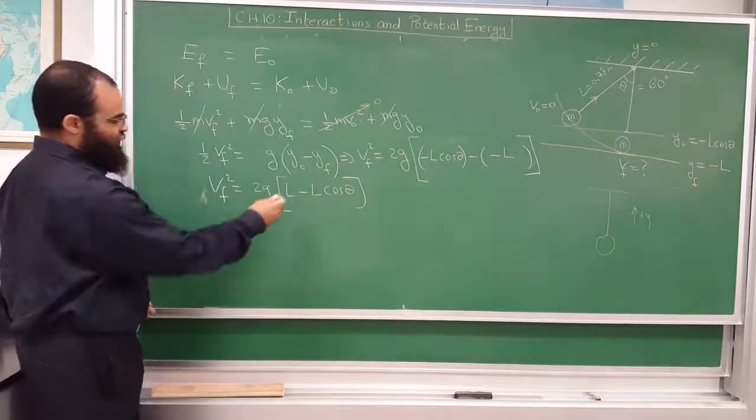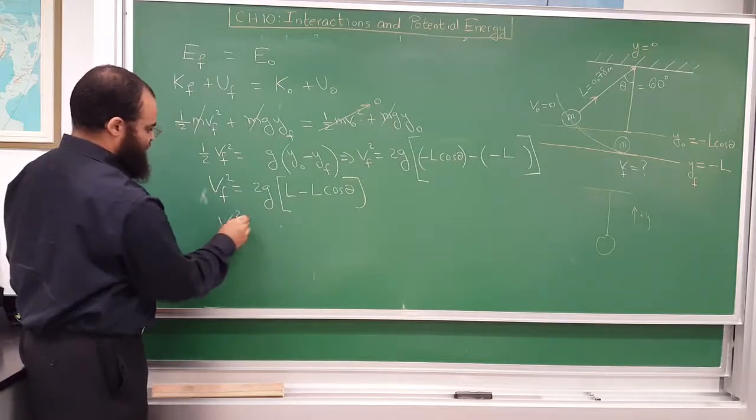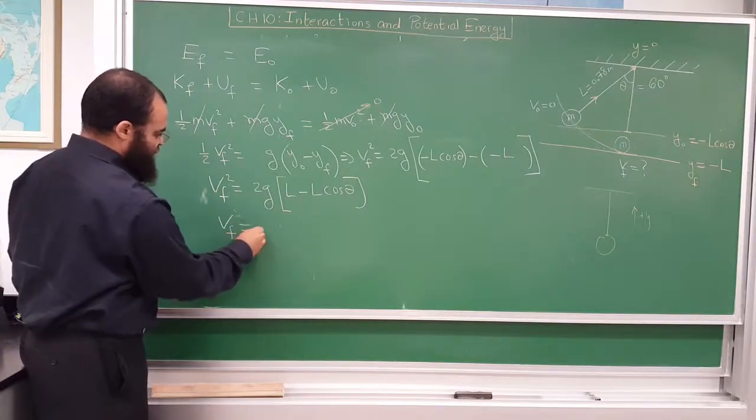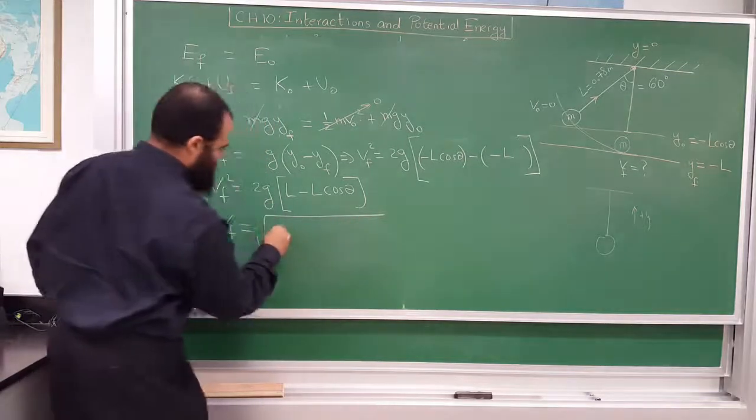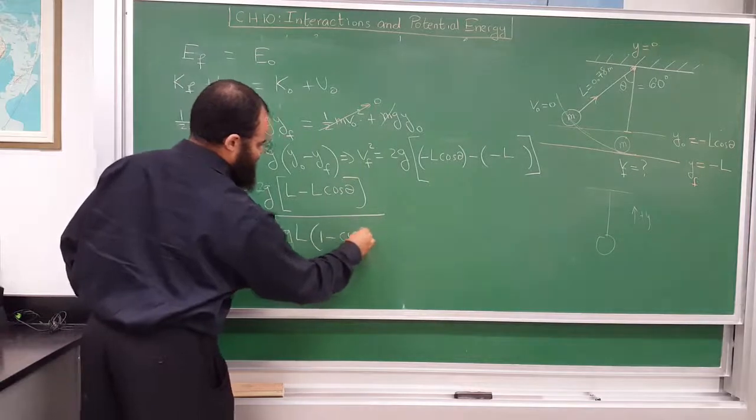And I'm going to simplify it one more time. I would factor the L out, so V final will be the square root of 2gL times 1 minus the cosine of theta.